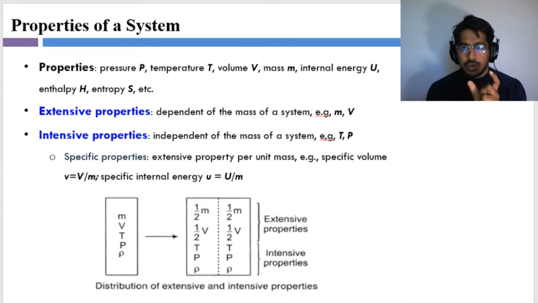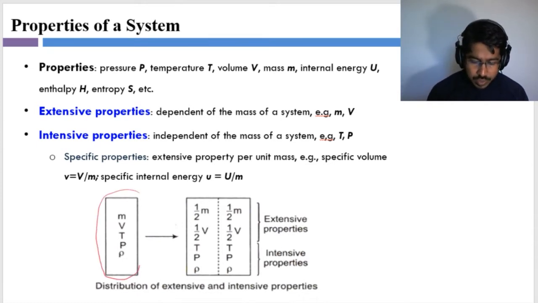You can see a figure here. If we take this one and divide it into two, if that property depends on mass, then it has to change its value, right?